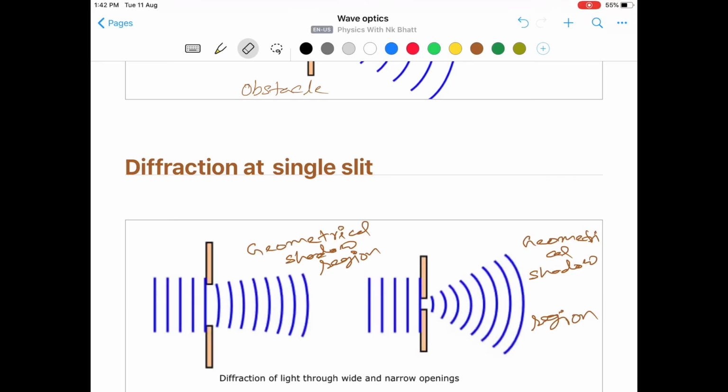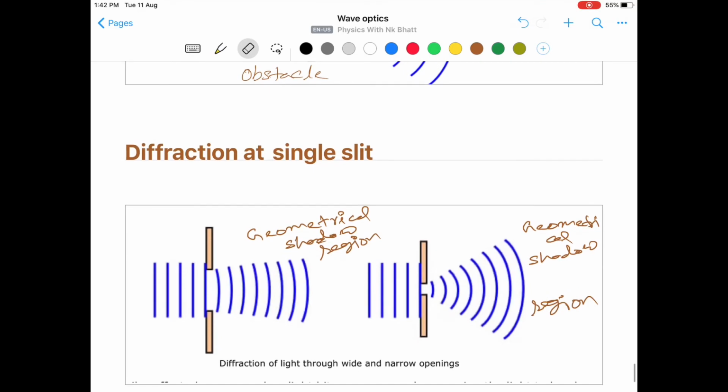You can see I have taken two diagrams here with two slits. One is quite wide and the other is a narrow slit. You can compare these two diagrams: in the first diagram the bending is quite small, in the second diagram the bending is quite large, and we can see that the light is spread into the opposite side over a large area.